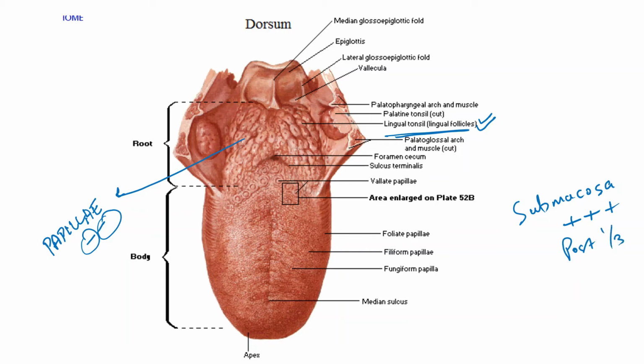The submucosa contains many serous and mucous glands, along with many lymphatic aggregations which make up the lingual tonsils. So this is about the dorsal surface of the tongue.